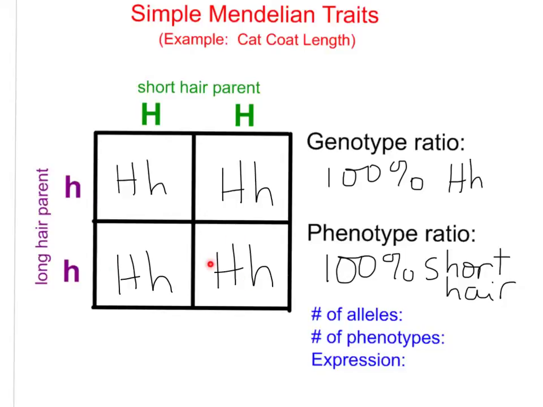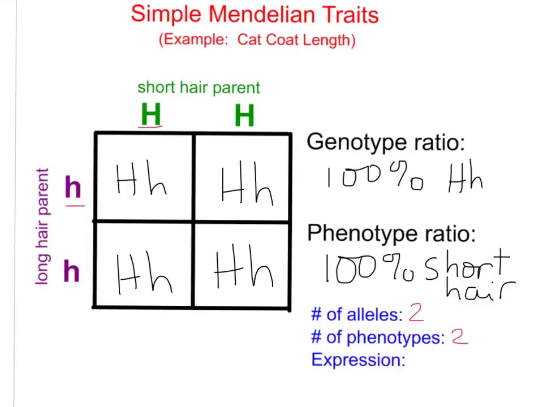So let's look at this right here. In this type of example, with our simple Mendelian trait for cat coat length, what is the number of alleles that we are working with? Well, there is the big H and the little h, right? There are two different alleles. How many different phenotypes do we have in this situation? Well, we can either have short hair or long hair.